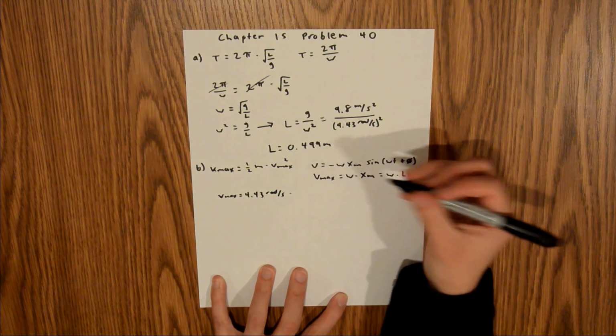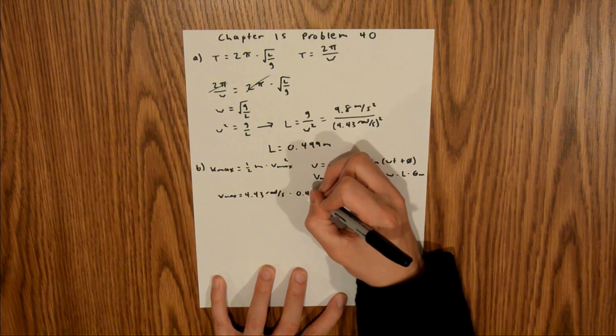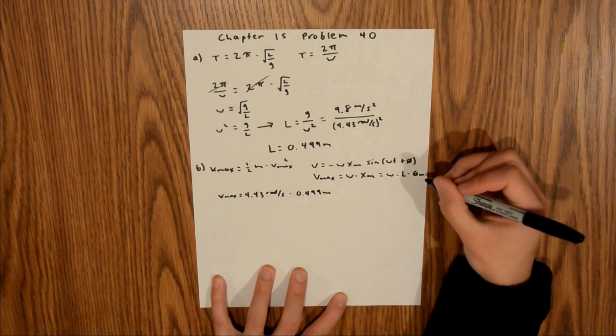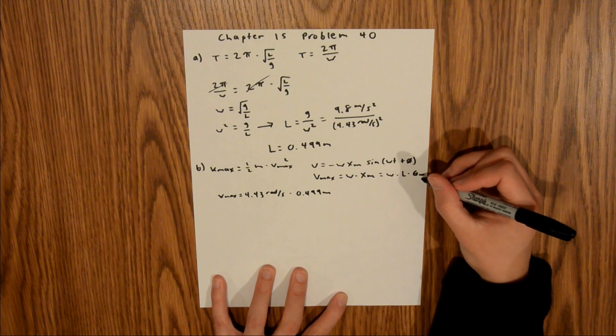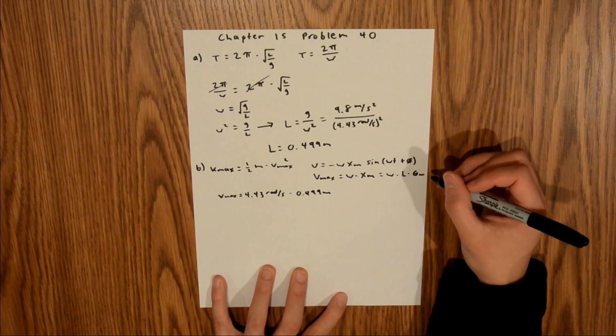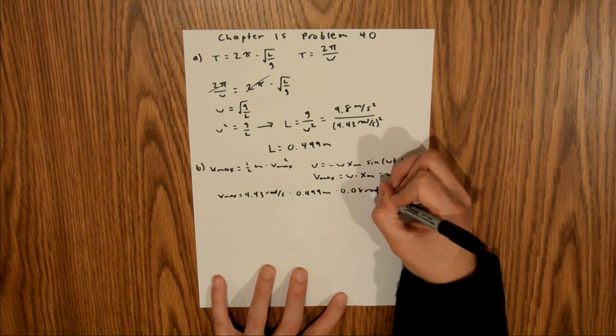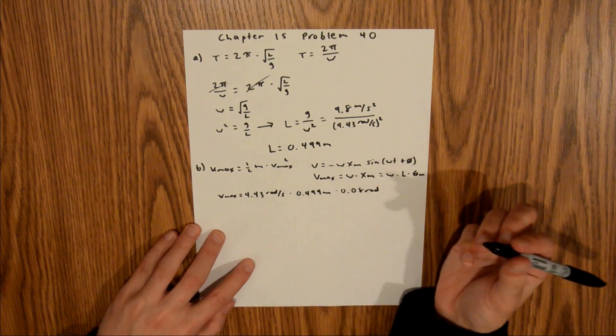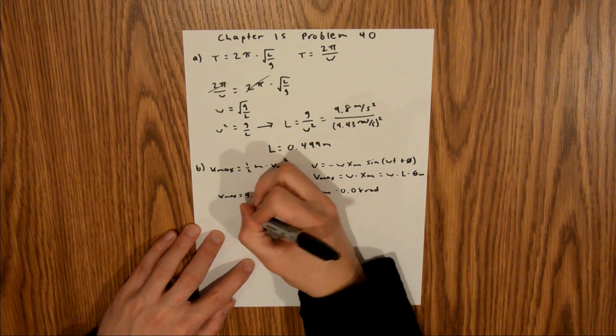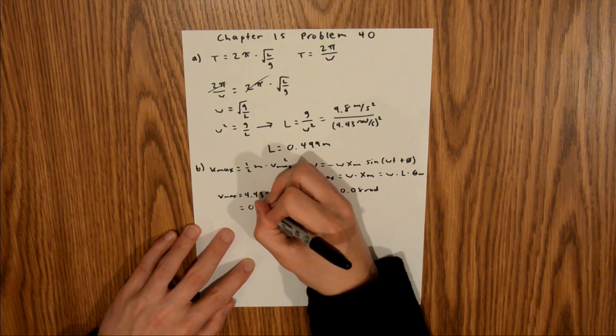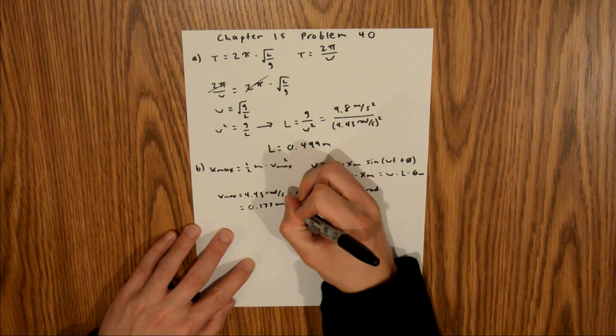Our length, which we just found in Part A, 0.499 meters. And finally, our theta m, which is also given in the problem, so times 0.08 radians. And if you plug all of that into your calculator, you should get that V max is equal to 0.177 meters per second.